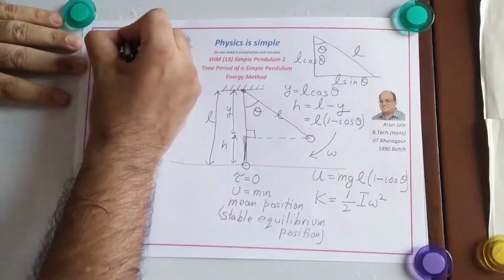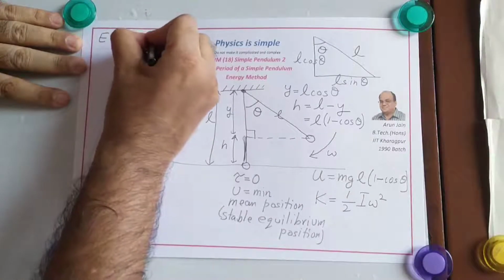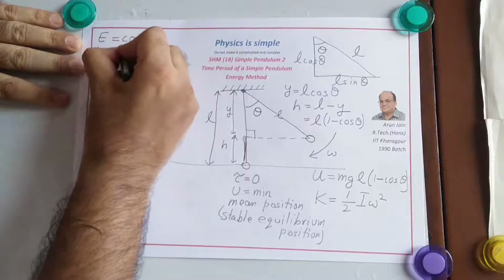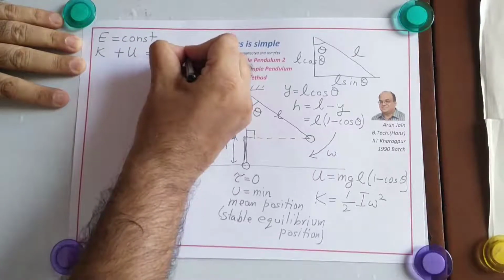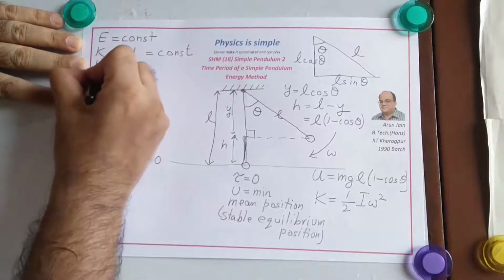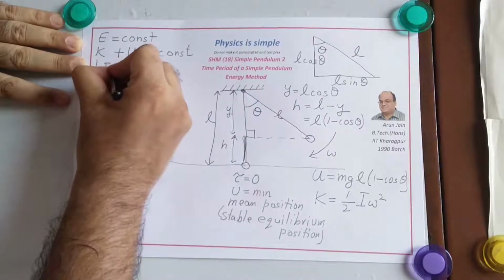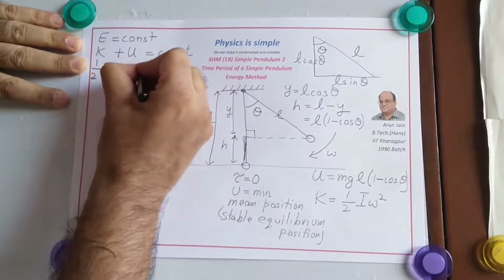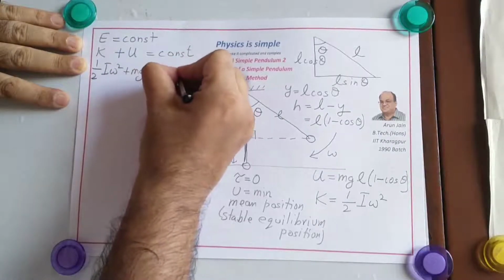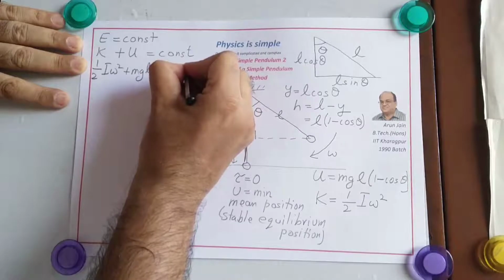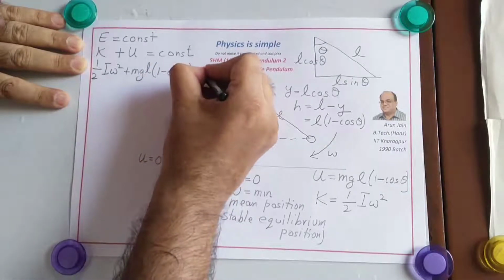Therefore kinetic energy plus potential energy will be constant. Kinetic energy is half I omega square. Potential energy is mgL into 1 minus cos theta, and this will be constant.